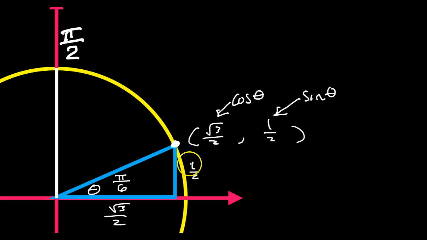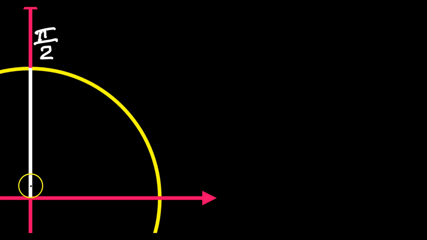Okay, so we can use this fact that the coordinates are the cosine and the sine in order to find the cosine and the sine of a 90-degree angle, because we know what the coordinates are very easily for a 90-degree angle. Remember, this is a unit circle, so this height right here is a height of 1. That means the coordinates of this point on the unit circle will be 0, 1.